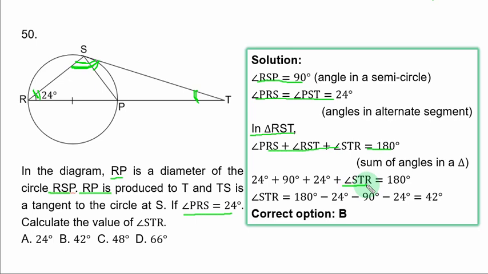Now angle PSR is 24. Angle RST is 90 plus 24, as I explained earlier, then plus this equal to 180. To get angle STR, you transfer the remaining angles to the right hand side, and when you subtract, you have 42 degrees. B is the correct option.